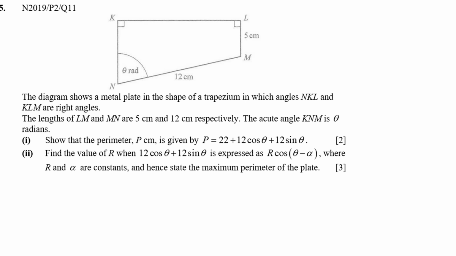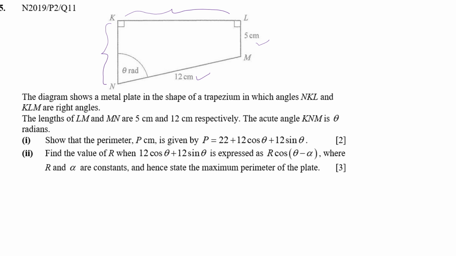If you recall our experience of problem solving in the chapter on trigonometry, to find the perimeter of this trapezium I will need to know all the sides. I'm given 5 cm, I'm given 12 cm, but I do not know how long this is. So I need to find that, and I also need to find this.